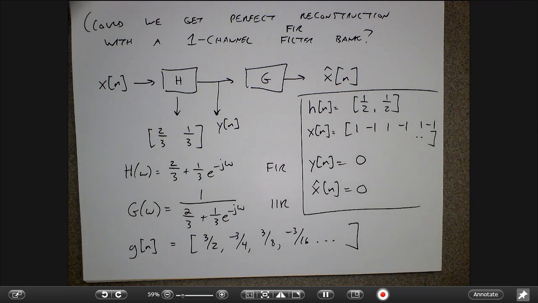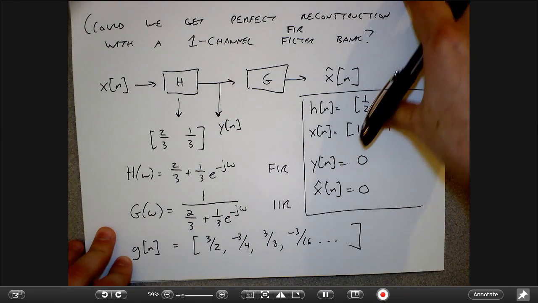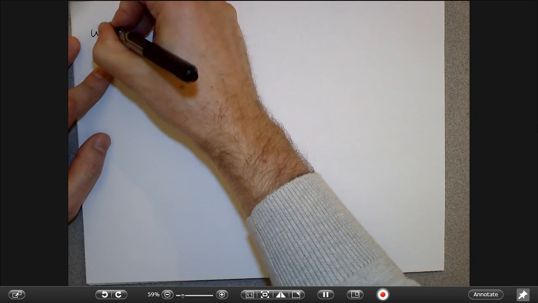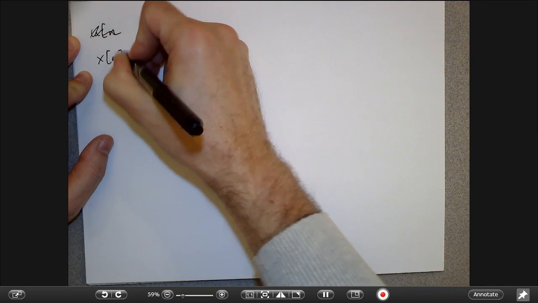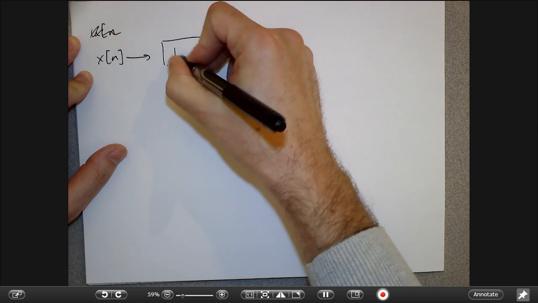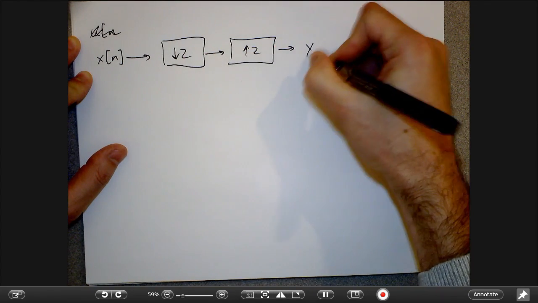Okay, so let's think about what actually is happening inside this filter bank. We have all the tools now that we need to analyze this. First let me look at a simpler system. Suppose I have a signal, it gets downsampled, it gets upsampled, and I get some output.